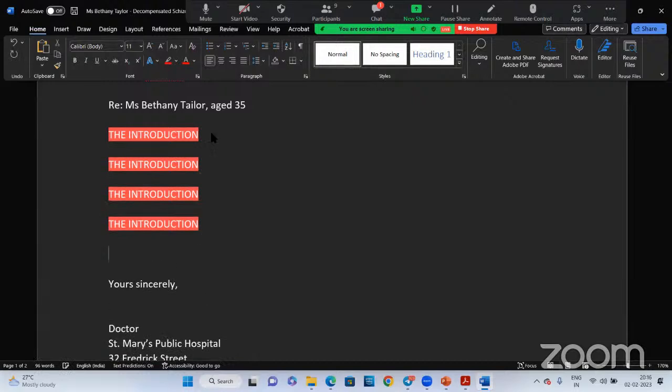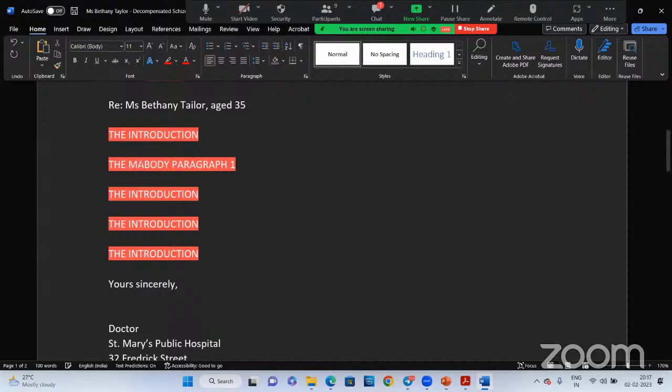So 5 paragraphs altogether. This is the body paragraph 1, the main body paragraph. Total 5 paragraphs are there.